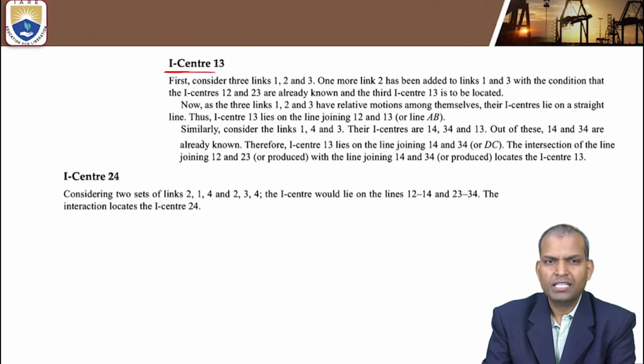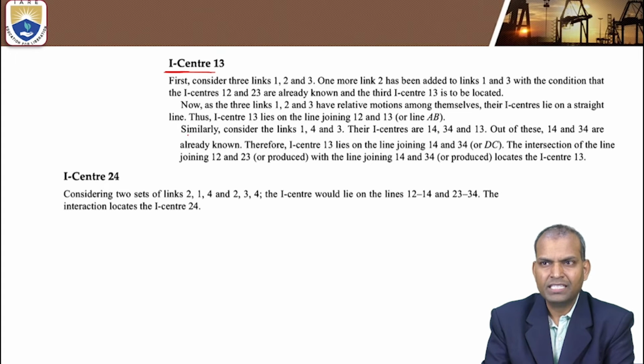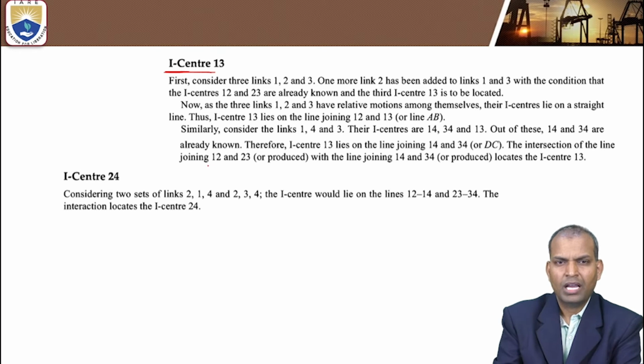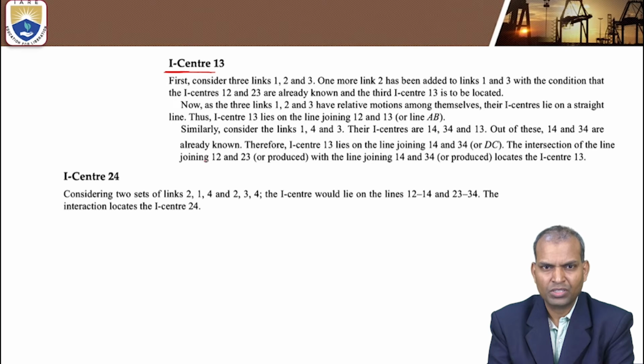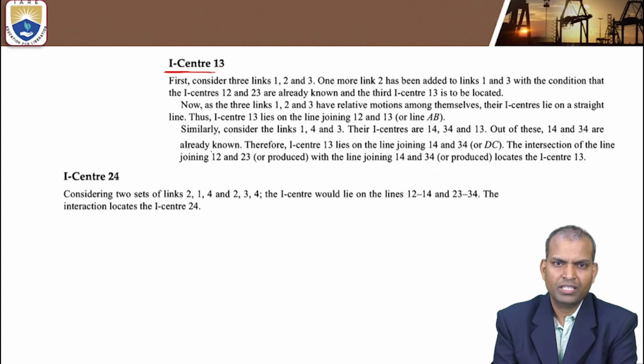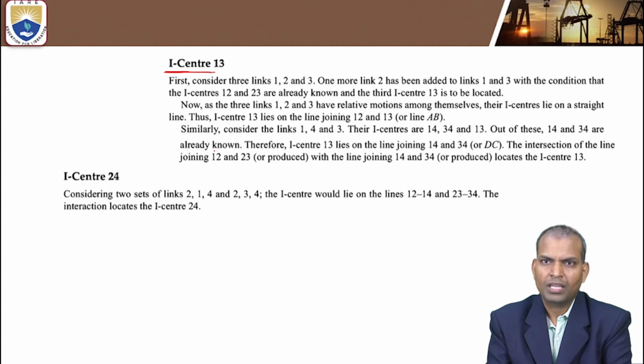Now, as the 3 links 1, 2 and 3 have relative motions among themselves, their instantaneous centers lie on a straight line. That is Kennedy's theorem. When 3 plane bodies have relative motion among themselves, their instantaneous centers must lie on a straight line. So we have to keep it in such a way that it is on a straight line.